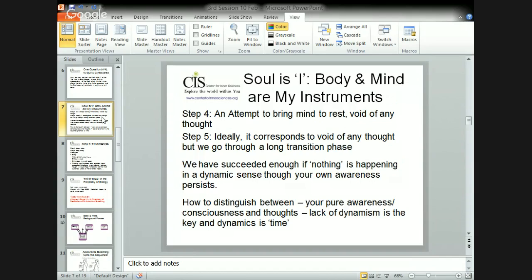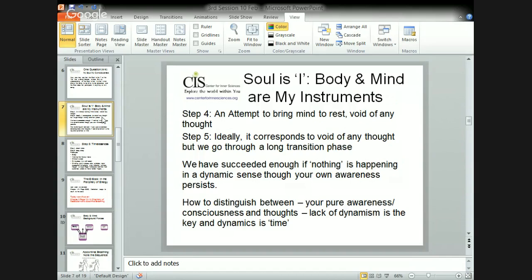And that is what I am trying to regain through this art and science of Patanjali meditation. So body and mind are my instruments. So step 4 was an attempt to bring my mind to rest and void of any thought.